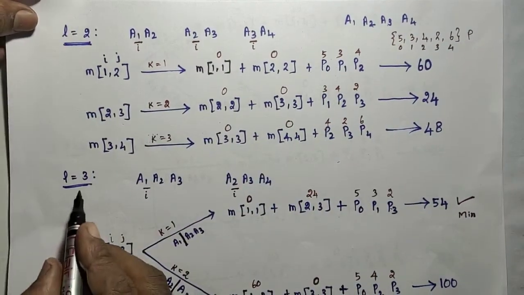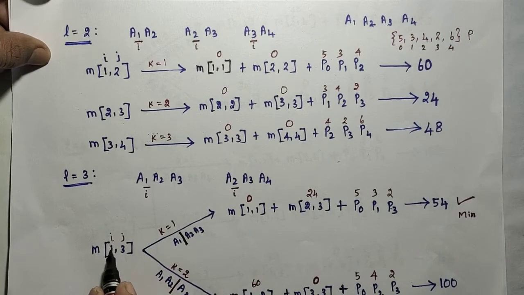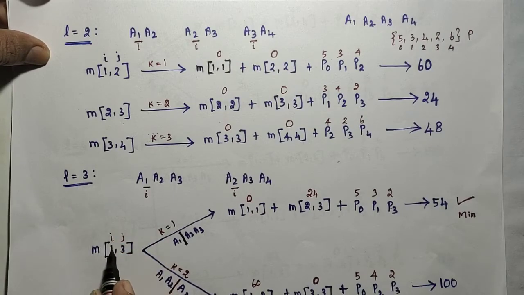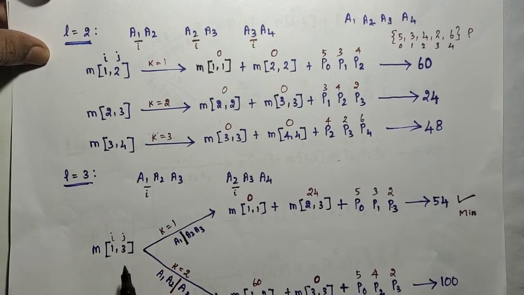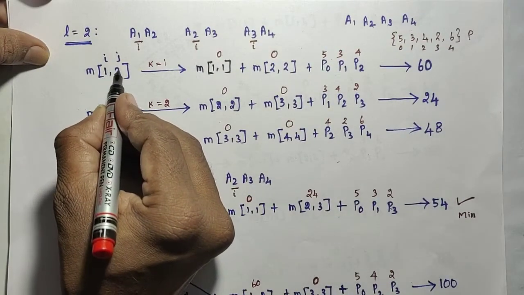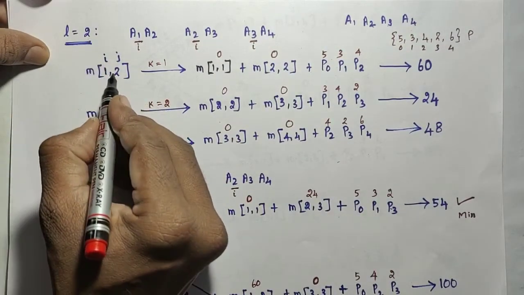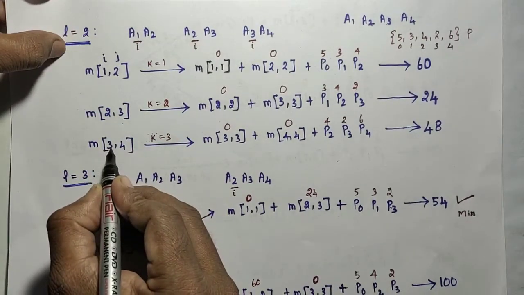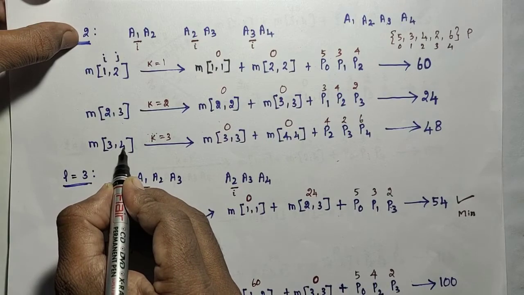Similarly, when length equals 3, if i equals 1, the j value is i plus L minus 1. So 1 plus 2 minus 1 gives 2, 2 plus 2 minus 1 gives 3, 3 plus 2 minus 1 gives 4.